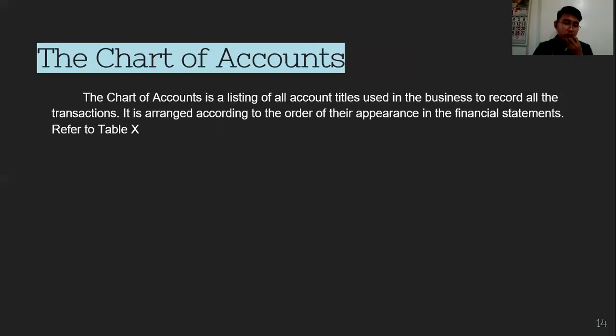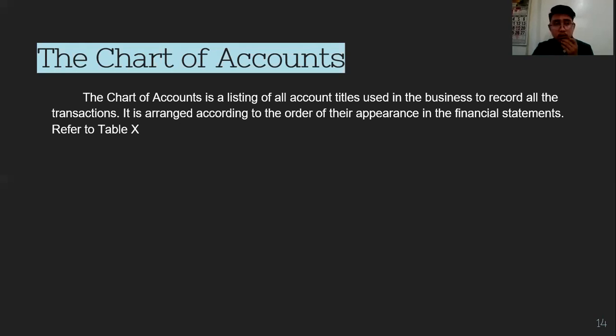Okay, so now we will proceed to the chart of accounts. When we say chart of accounts, it is a listing of all account titles used in a business to record all the transactions. Dito, lahat ng transaction na nangyari sa negosyo ay kailangang i-record. It is arranged according to the order of their appearance in the financial statements.